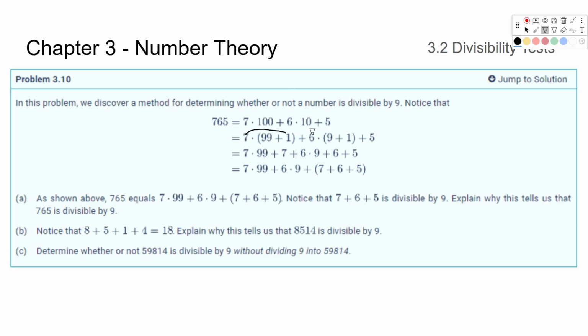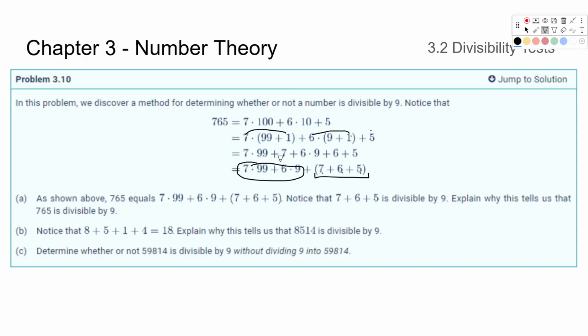So we have this digit, we have this digit, and we have our ones digit. So it would be 7 plus 6 plus 5, which we got right here, 7 plus 6 plus 5. And so as long as this is divisible by 9, we already know this is going to be divisible by 9. Everything leading up to it is going to be divisible by 9.